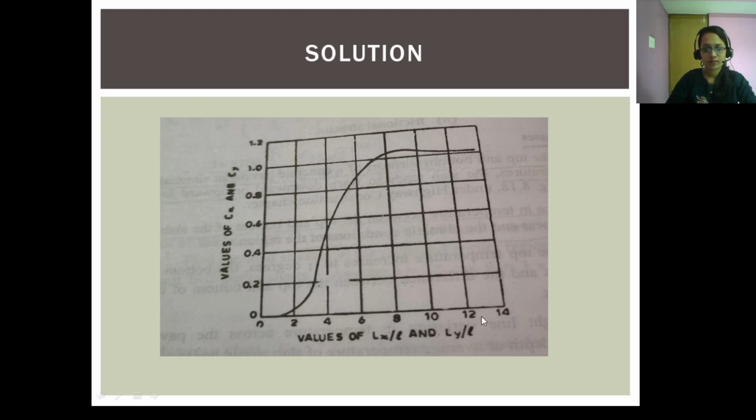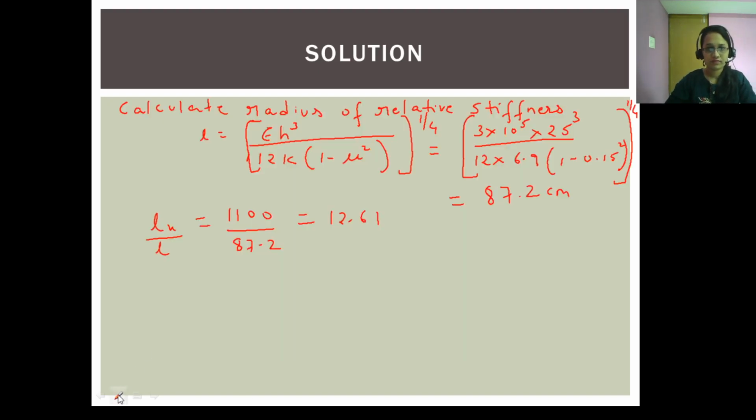So 12.61 is Lx upon L. So see, from this figure you'll get Cx around 1.03. So from the graph, Cx value is 1.03.